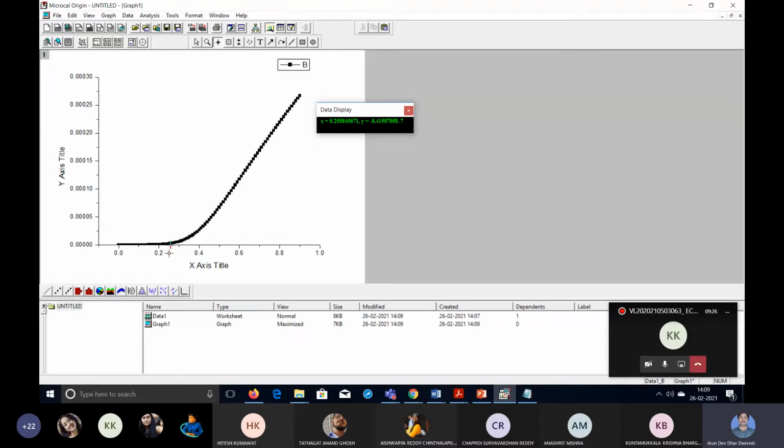This is the approximate method, but the exact method will give you a more exact result. Wherever the current starts increasing, at that point you put the cursor, using the screen reader from here, and that point is decided by this plot, and you can read it here.